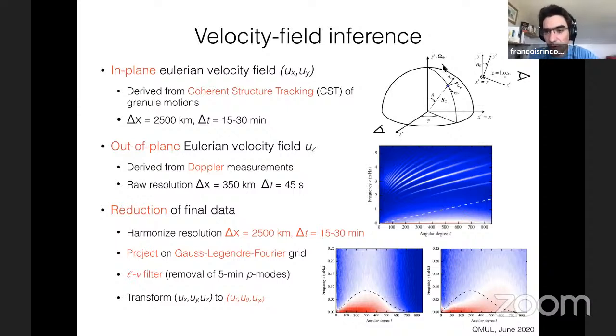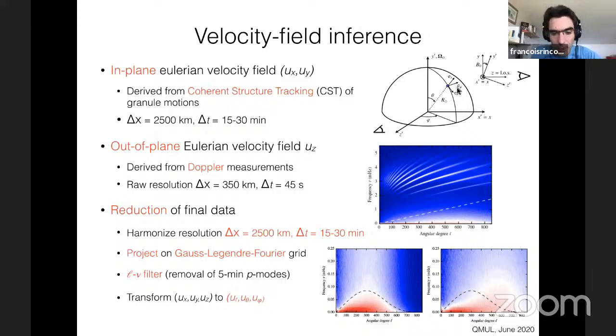So just to summarize, you have the horizontal velocity field at the surface, or the in-plane compared to the observer, from the coherent structure tracking, and the out-of-plane component from the Doppler. Then you harmonize the data to the same resolution, and then you make a transform to get, in the spherical coordinate frame of the sun, the radial, meridional and azimuthal components of the velocity field.